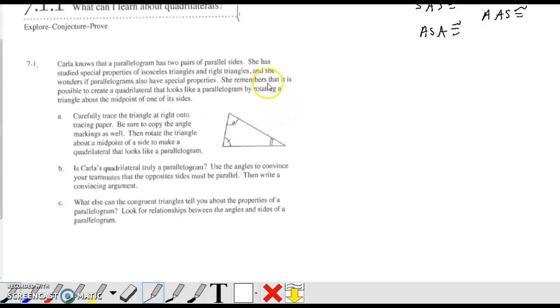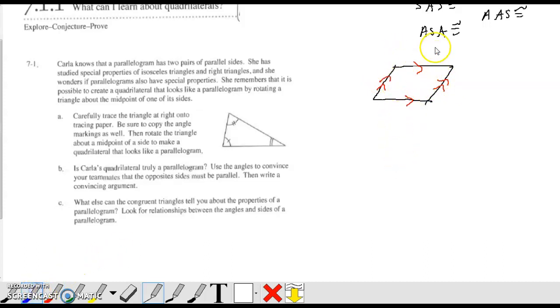All right, so Carla knows that a parallelogram has 2 pairs of parallel sides, right? So if I drew a lovely parallelogram, let's pretend that this is a parallelogram. What we're saying is 2 sides are parallel. So that's our parallel symbol, and then this double parallel symbol. So this side is parallel to that side, and this side is parallel to that side.